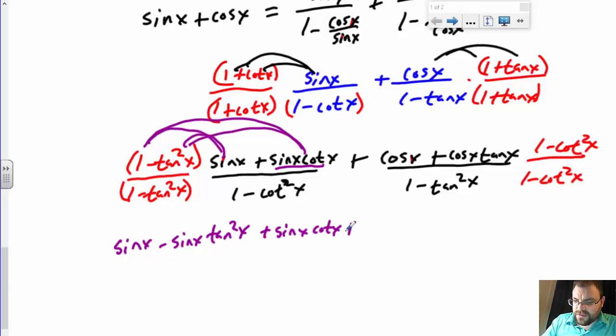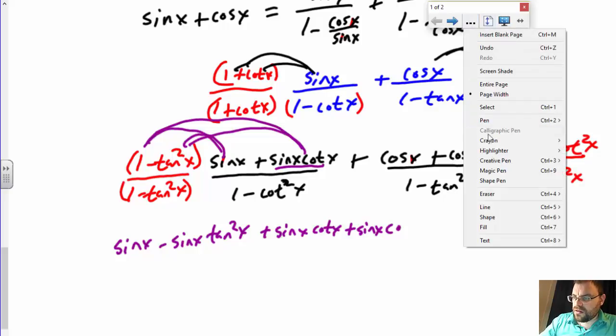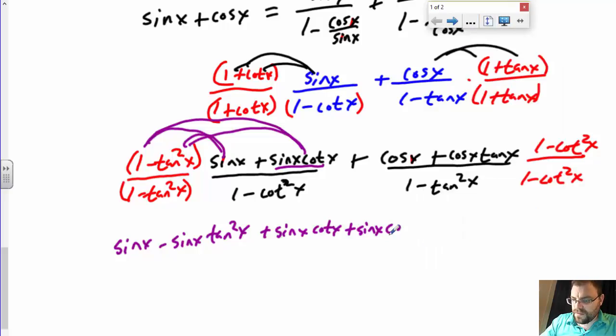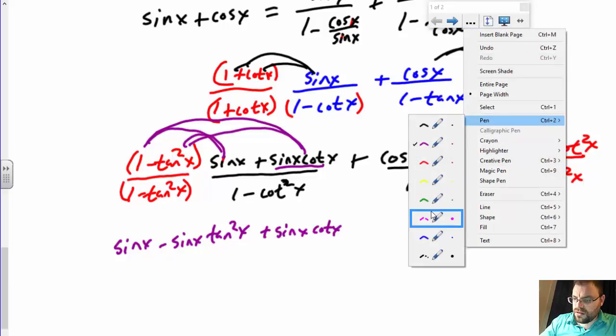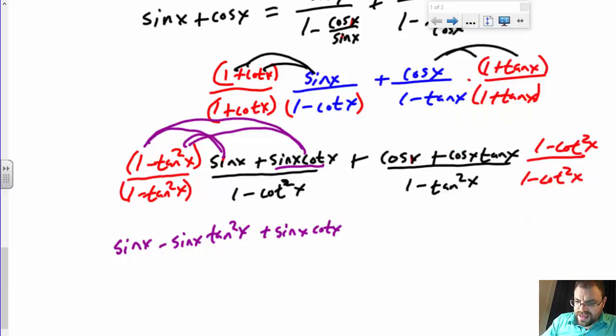I'm going to go ahead and write that out, even though I don't really need to, just to show you. That's actually a minus. Let me erase that. Yep, there we go. This is going to be a negative sine times cotangent times tangent squared.